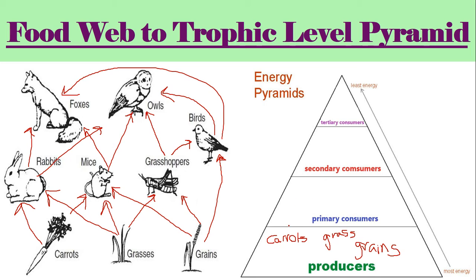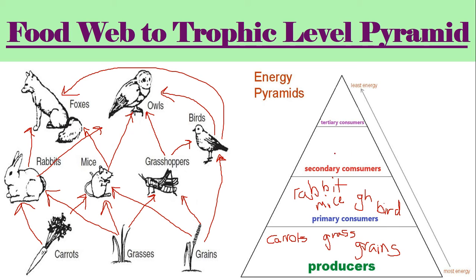Primary consumers are anything that ate one of the things below. So carrots, we were talking rabbit, mice, grasshopper, and the bird.